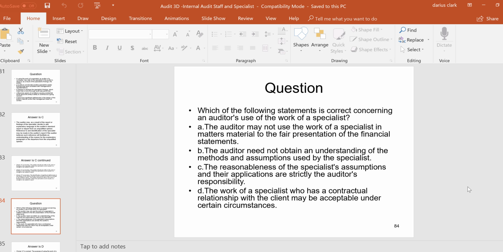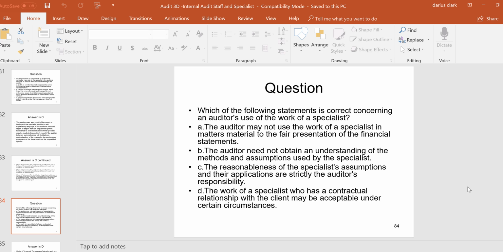The work of a specialist who has a contractual relationship with the client may be acceptable under certain circumstances. That means they're not independent of the client. That might be okay, but it's going to impact credibility. It means we might have to do some other testing somewhere else to get our final piece of evidence here.